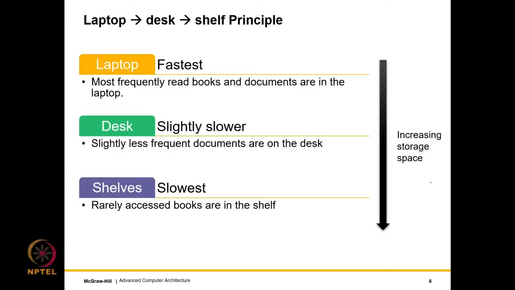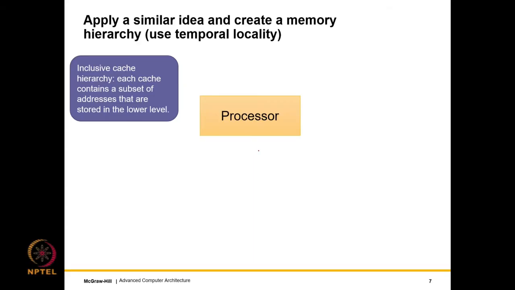And then you have shelves. The shelves are clearly the slowest, as we have extremely rarely accessed books on the shelf, but they are also the largest. So in terms of storage, it is increasing. It's not a strictly apples to apples comparison between a laptop and a desk, but you can assume that the desk can have other laptops, storage drives, pen drives, and so on. So in principle, it's bigger than the resources of a single laptop.